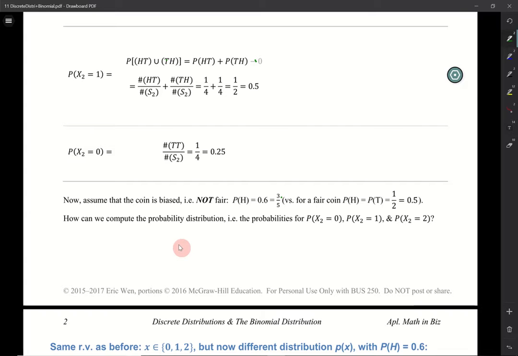So now suppose that we have a coin that is biased. The case that we did here, we would call the fair coin, where the probability of success and the probability of failure, heads or tails, is 1/2. They're the same. So this is where we need to generalize.